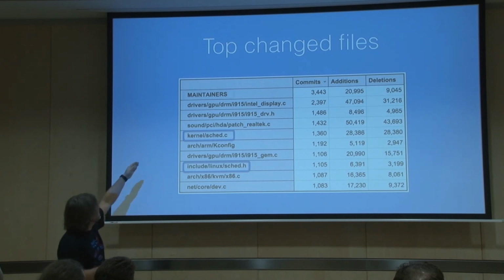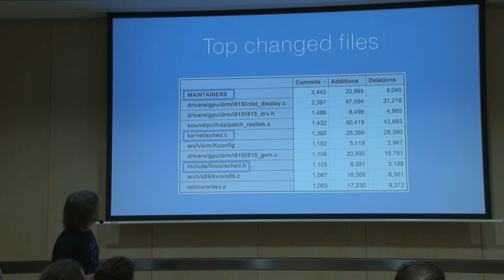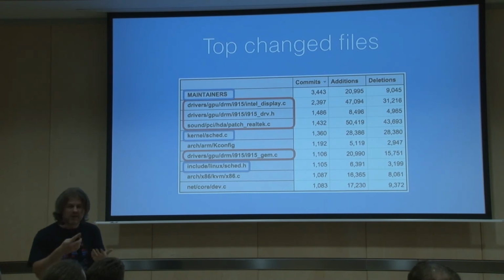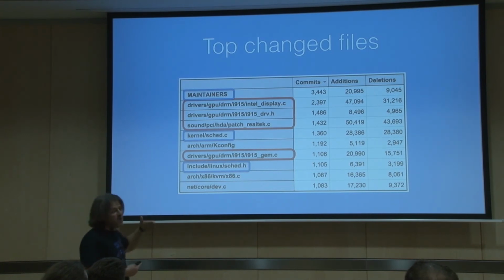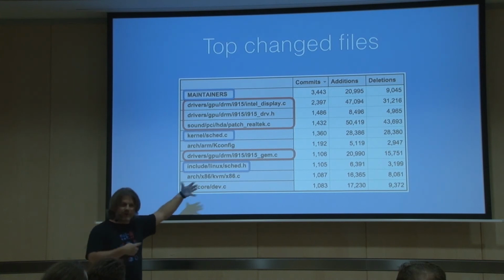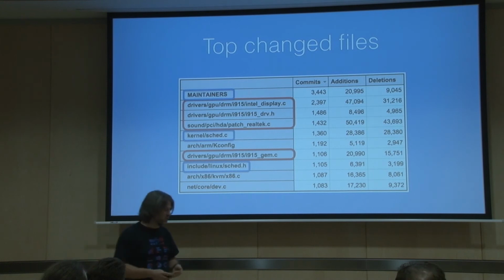The top files are maintainers files, which is quite a huge list and is the most frequently changed. People are just trying to understand how this Intel graphics card works, or how to patch this Realtek sound card so it finally works. But when you look at your code base, sometimes it's good to find out which are the frequently changed files, as this is typically some smell if they're changing too much.